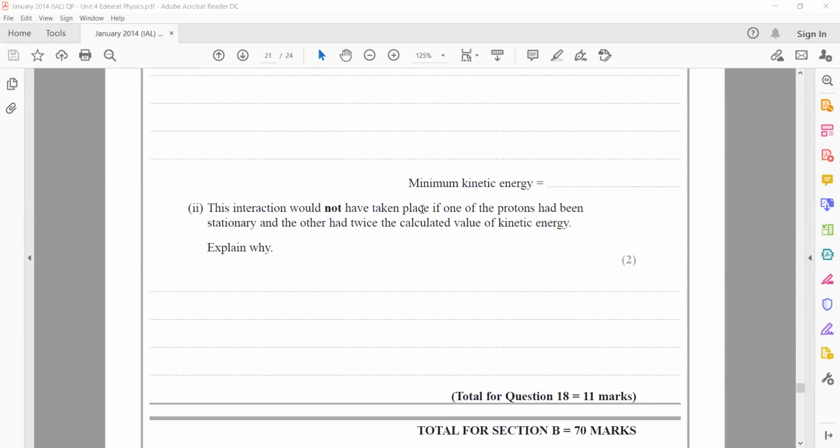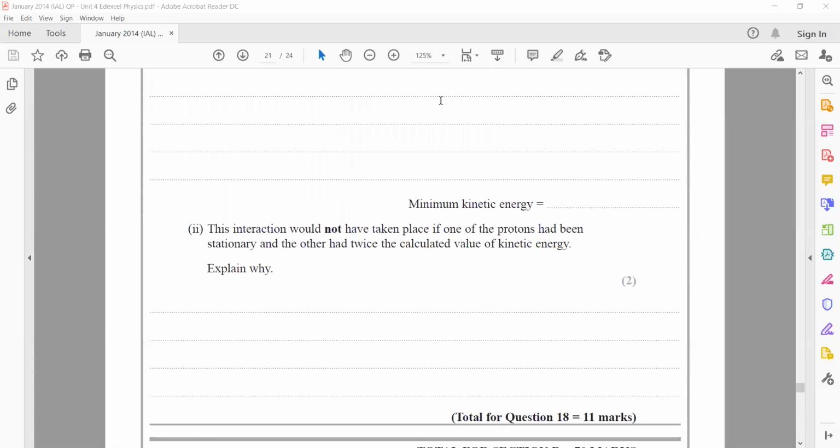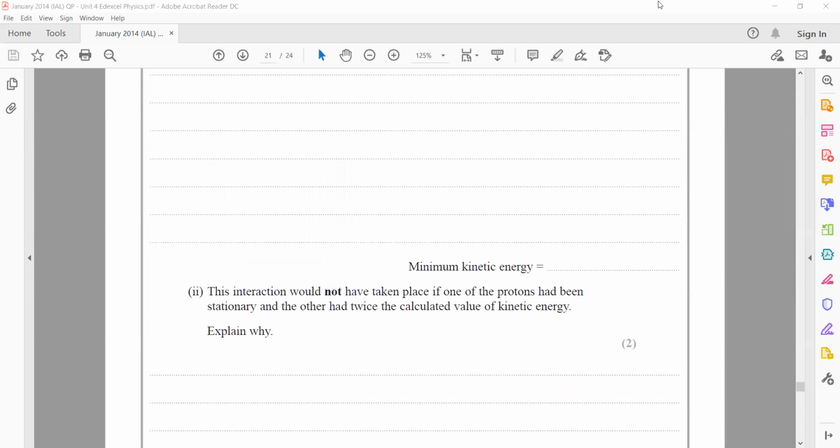The interaction would not have taken place if one of the protons has been stationary and the other has twice the calculated value. What is the reason for that?